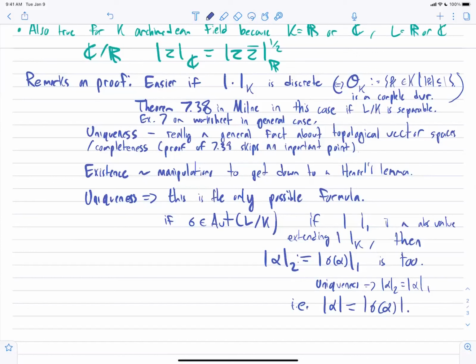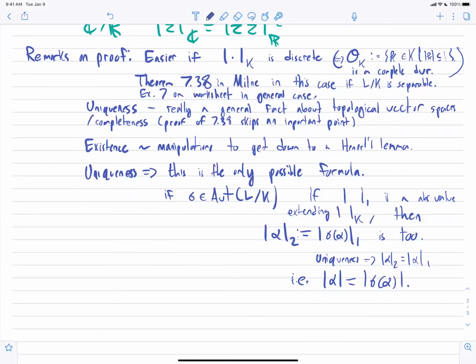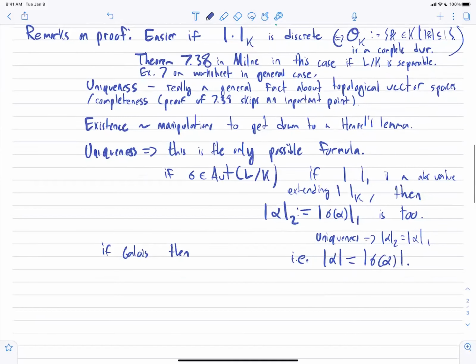That's another way to say that. Then, if L over K is Galois, the norm of L over K of alpha is just the product of all its conjugates.